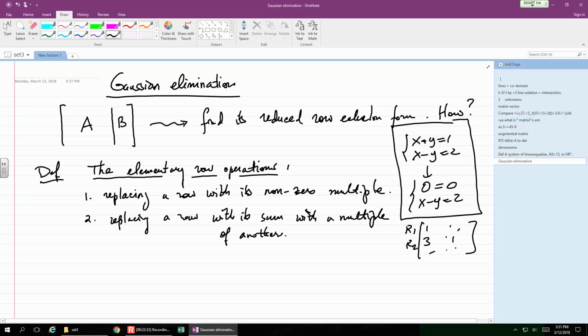I replace R2 with, I don't replace R1. R1 remains the same, it has a leading 1. So I'm replacing R2 with R2 minus 3 times R1. That would create a 0 at that entry. So that's the second one.